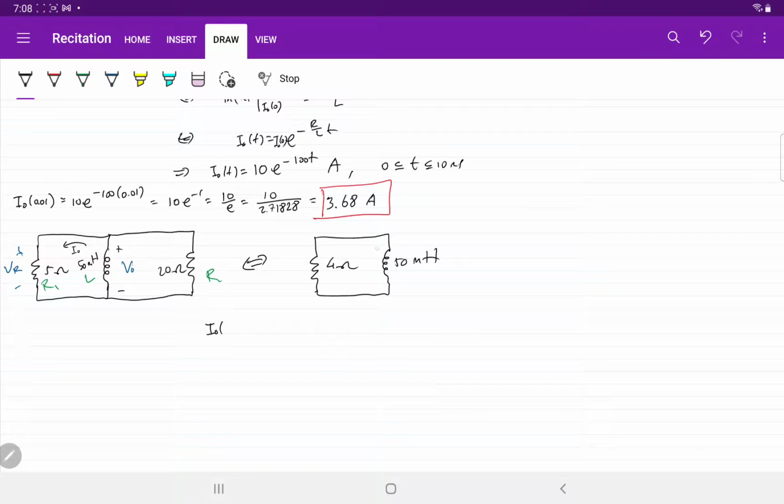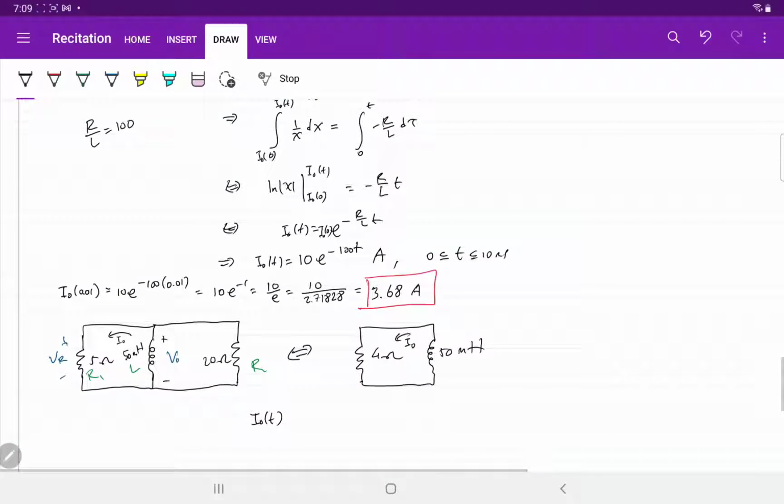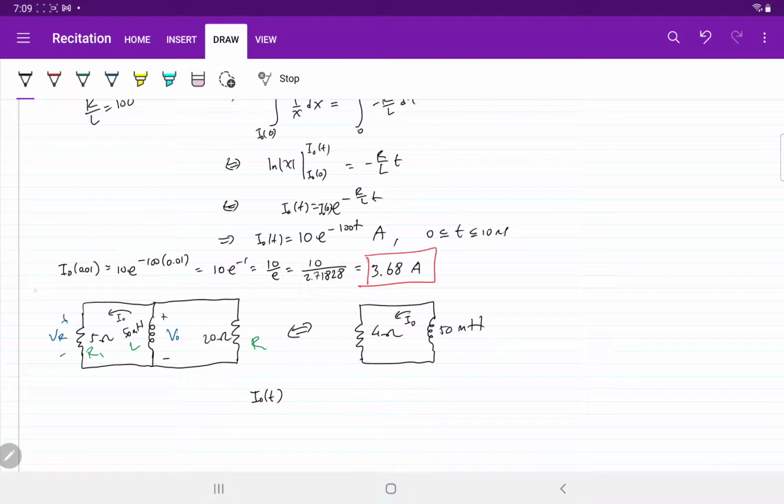and simply you will get I0 of t. Oh yeah, I forgot to mention that this is for time between 10 millisecond and 20 millisecond.